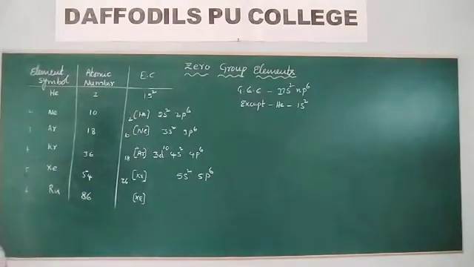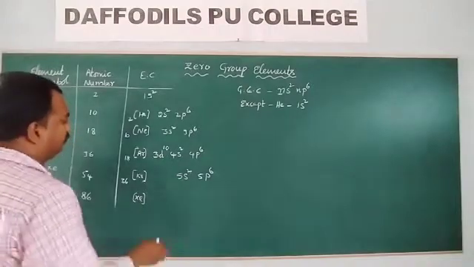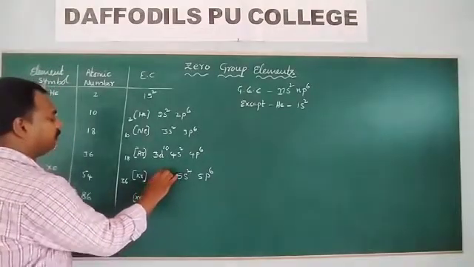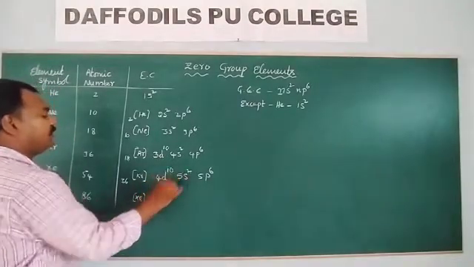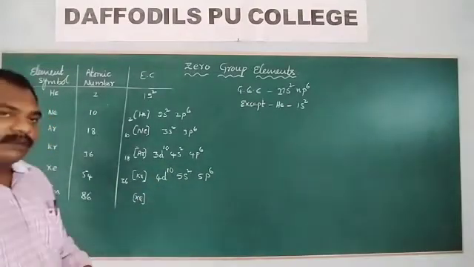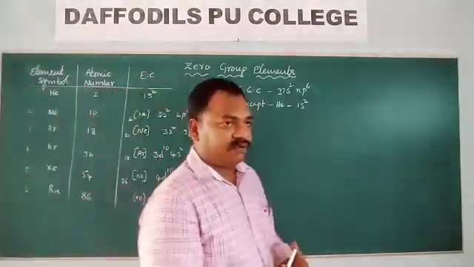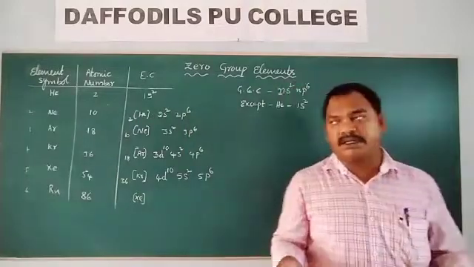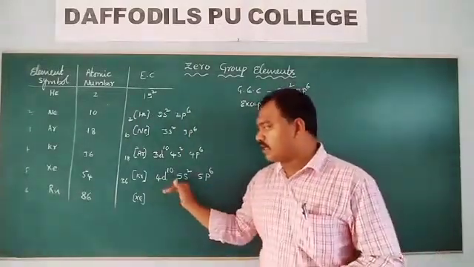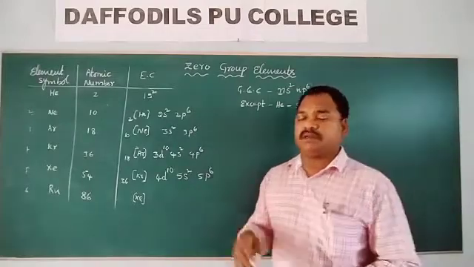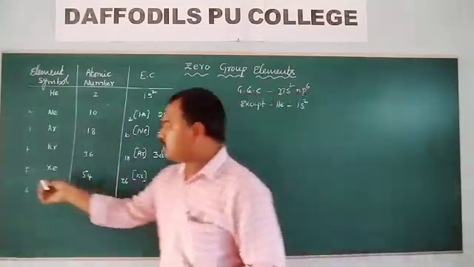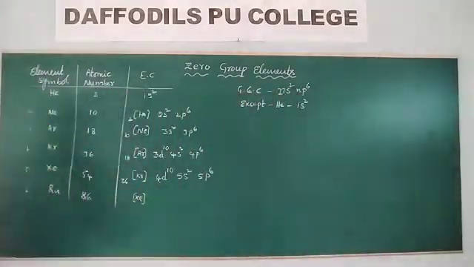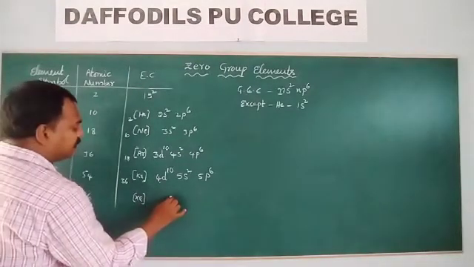In the fifth period also, d block elements are present. When d block elements are there, you have to mention the complete filling of d orbitals. While representing the d orbital filling, you have to write it as n minus 1. n minus 1 means 5 minus 1, 4d10. In the sixth period also d block elements are there.